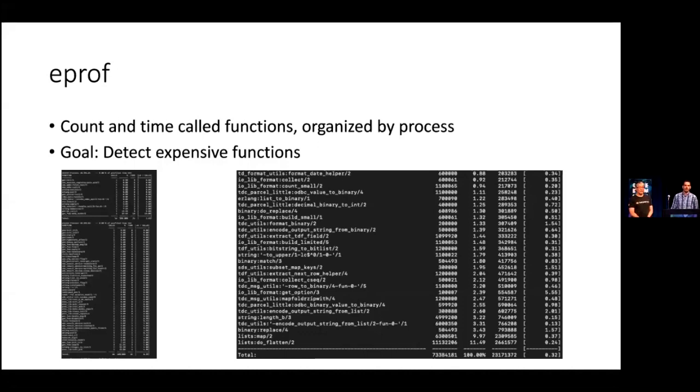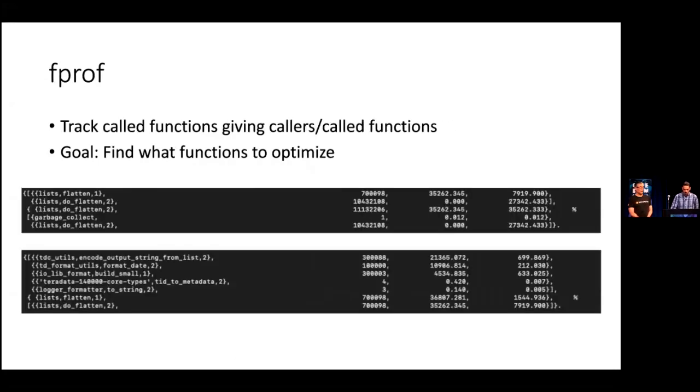However, not all functions are written by us. For example, doFlatten is not written by us as part of HyperQ. So then we need to move to fprof. fprof, as I said, will keep track of what functions are being called by what functions. The output is organized by sections, where each section has a subject function.